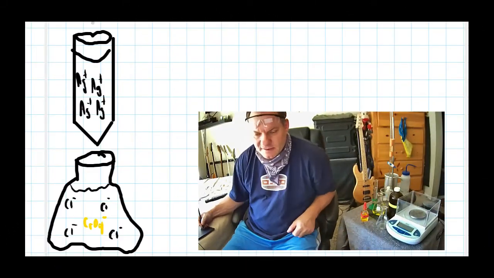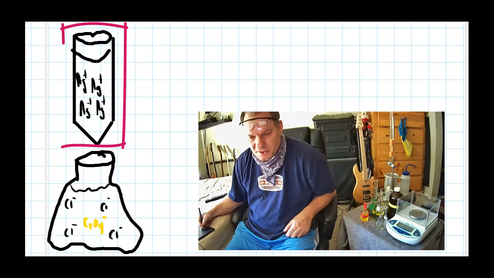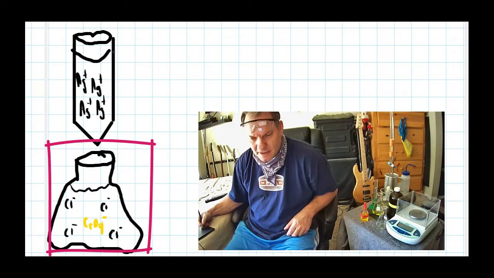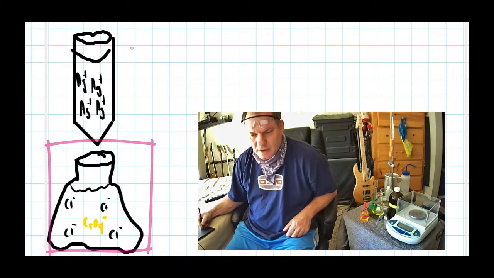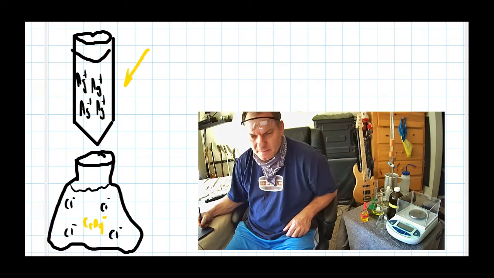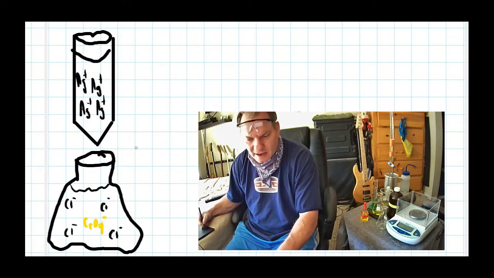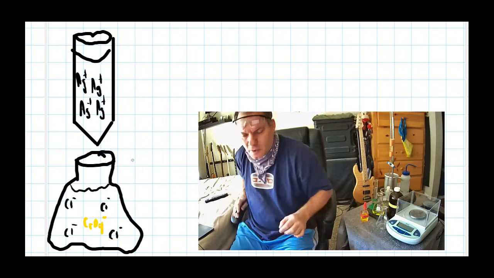All right, so my brilliant artistic work here shows a burette and this Erlenmeyer flask that has been melted in a horrible accident. But my point is, we have silver ions in our burette. We're going to be adding those to the chloride ions in the solution. I've added potassium chromate.